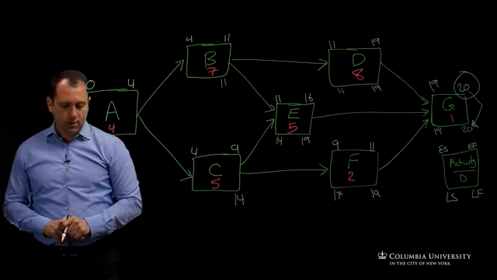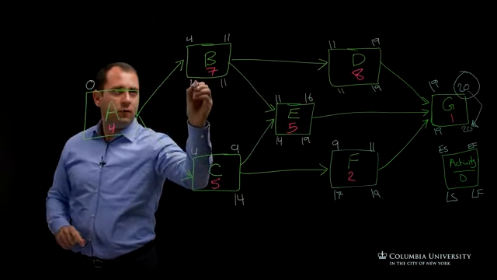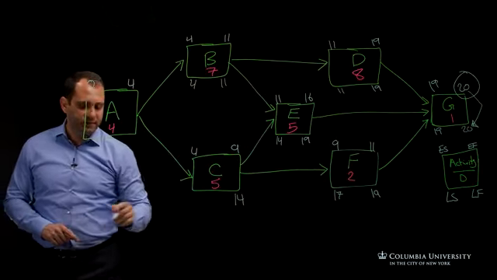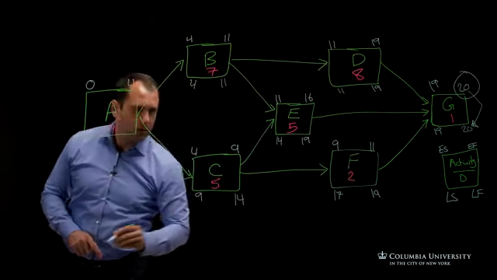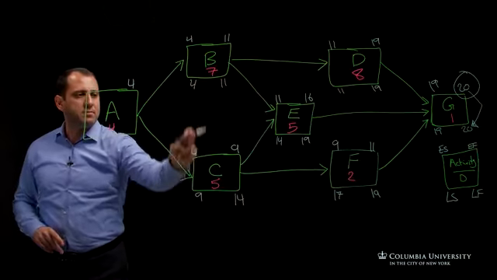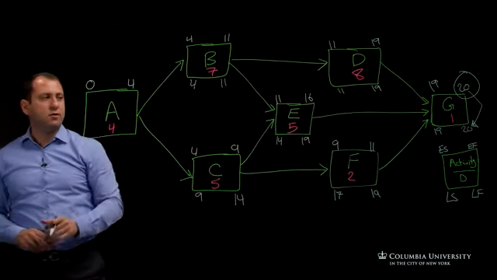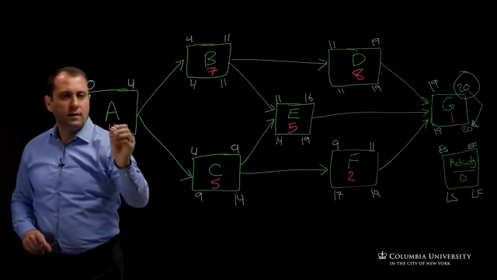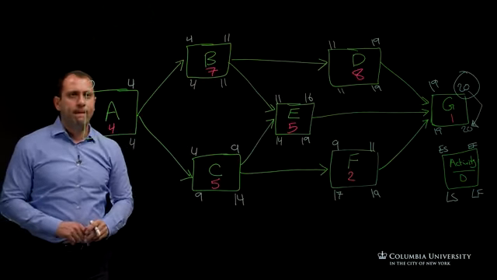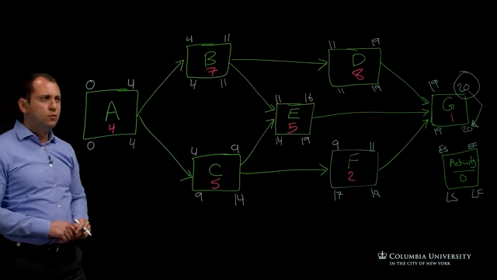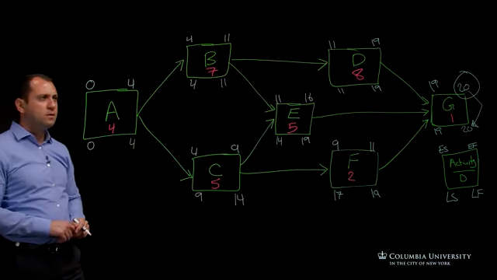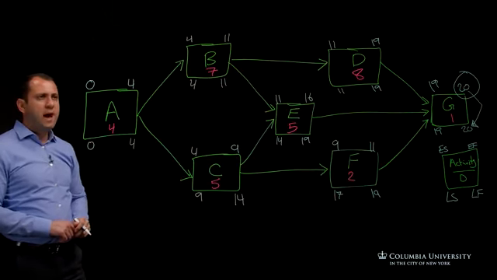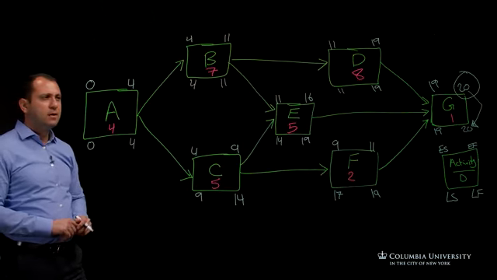And then you have 4, and you have 9. So the minimum between both for activity A to find its late finish is 4, and then 0. So that would be the forward and the backward pass calculations for our example and the project here.